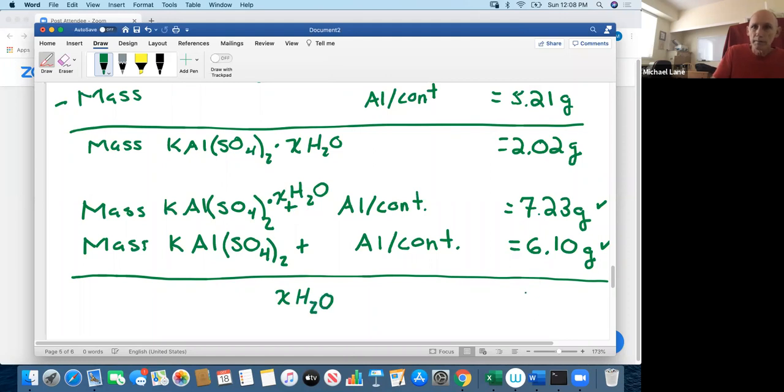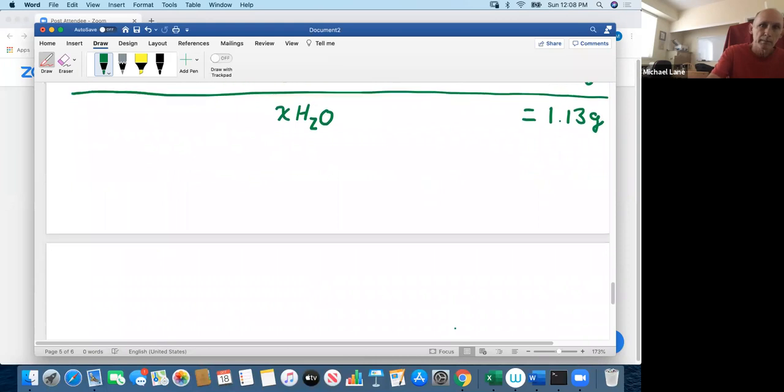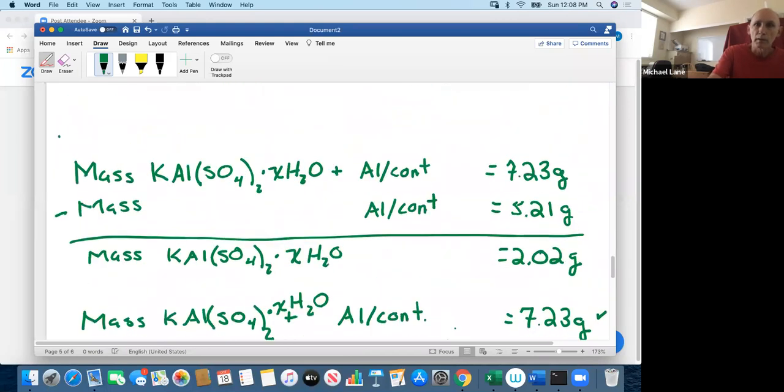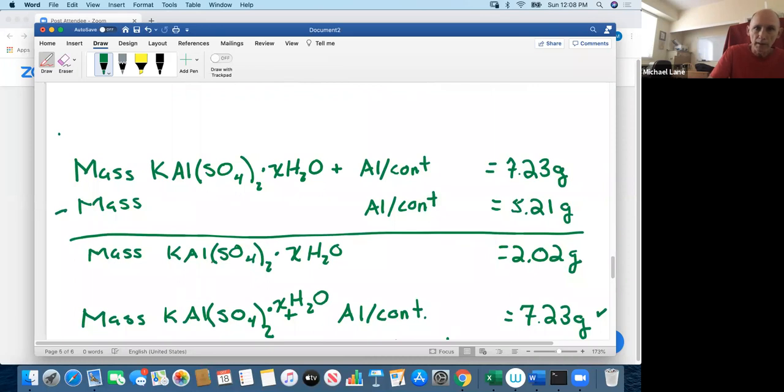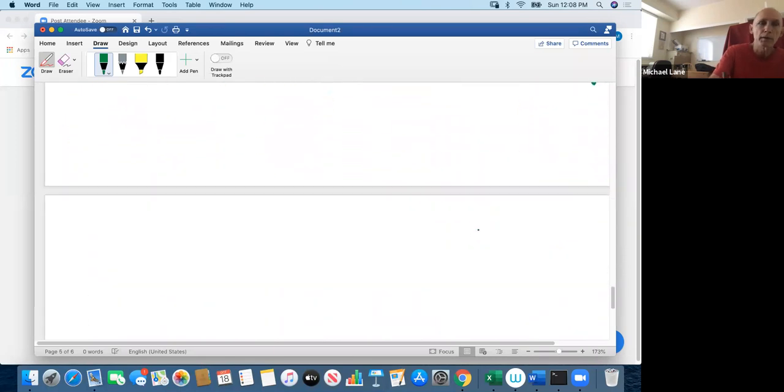The water is the difference in those two values, or 1.13 grams. Before I scroll off, so the mass of the entire substance, 2.02 grams. The mass of just the water is 1.13 grams. So again, a couple of different ways to do it, but I'll do it this way.